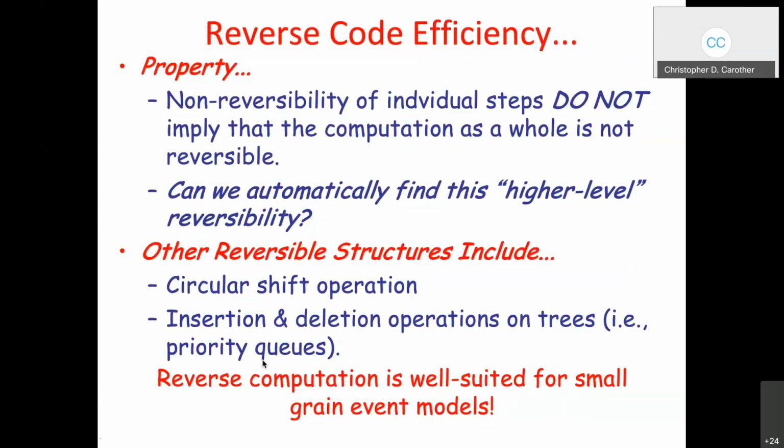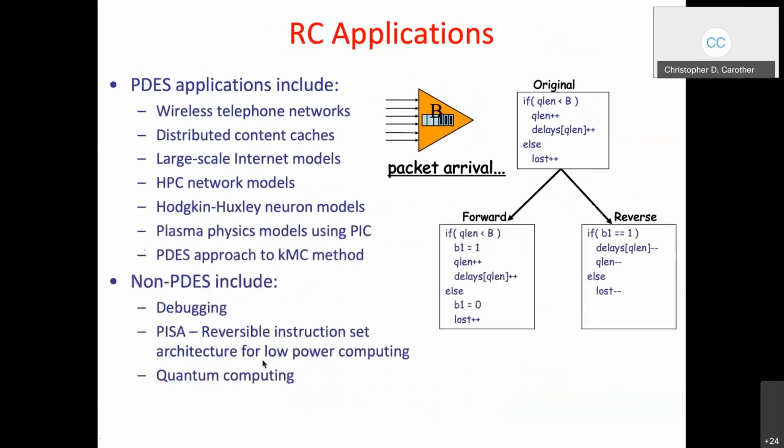Folks at Lawrence Livermore have seen some success with it. In terms of the applications that we've seen for this, beyond the kinetic Monte Carlo I mentioned before, we've seen wireless telephones and large-scale internet. We've been working a lot with HPC network models. Folks have looked at neuron models, the Hodgkin-Huxley models.